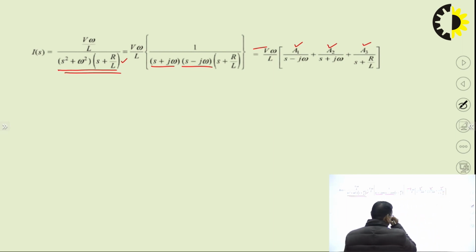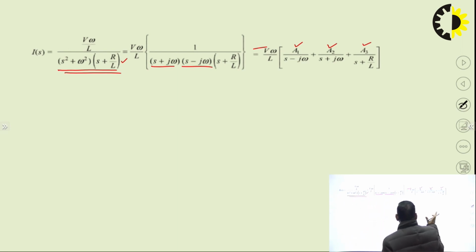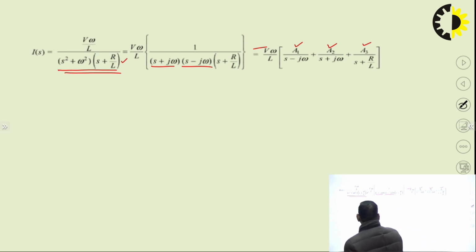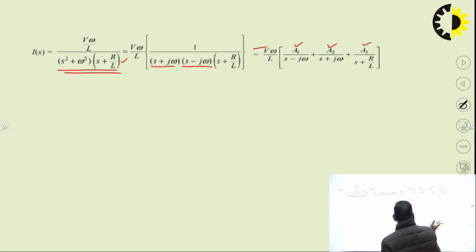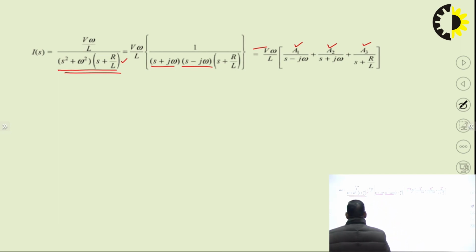A3 is the pole residue at s equal to minus R by L, and A1 and A2 are the pole residues for s equal to j omega and s equal to minus j omega, because they are the conjugate poles. If you find the value of A1, the value of A2 will be just its complex conjugate, so no need to go for A2. If you find A1, you can write the expression for A2 directly.